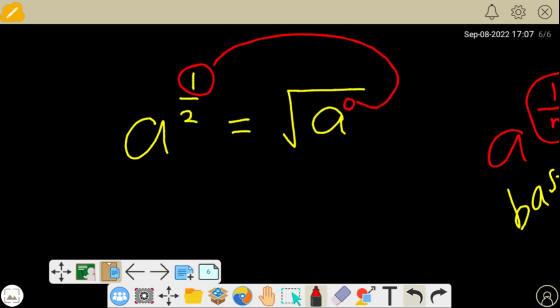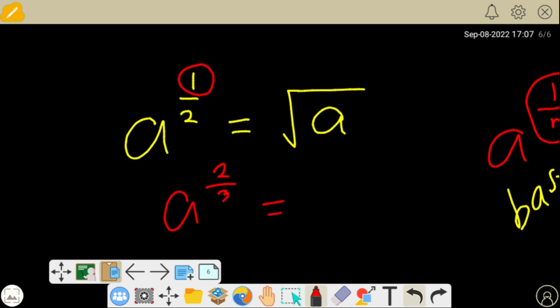Since a is raised to 1, we don't have to write 1, it will be left as a. If a is raised to 2/3, this is your index, cube root of a, and this is your exponent of the radicand, raised to 2.